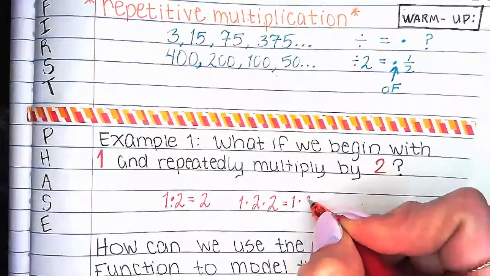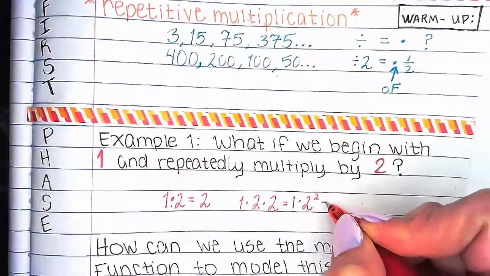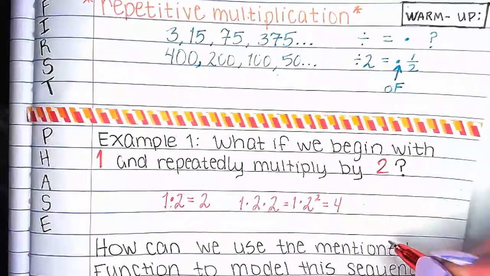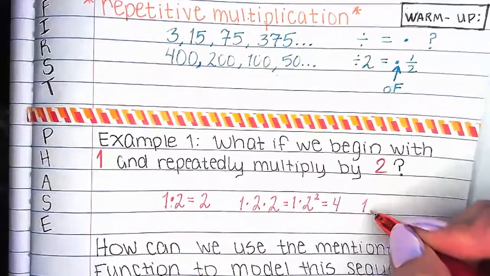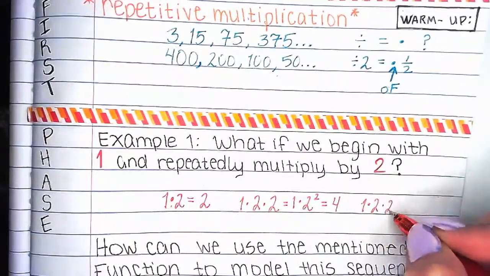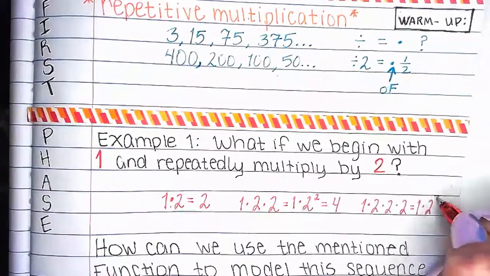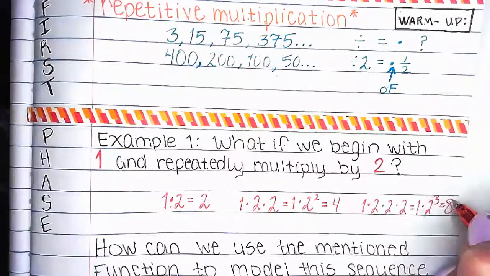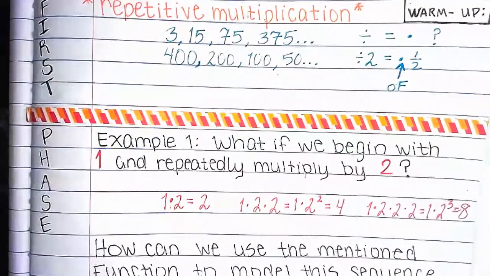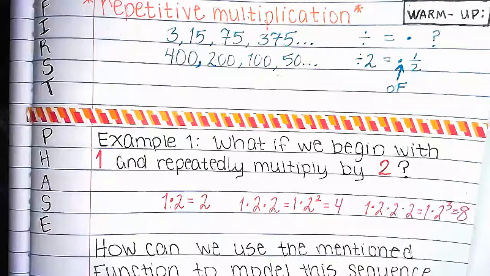For starters, that's the same as 1 times 2 to the second. It's also the same as 4. What if I multiply by 2 again? 1 times 2 times 2 times 2, which is 1 times 2 to the third, which is 8. And we can just go on and on and on.